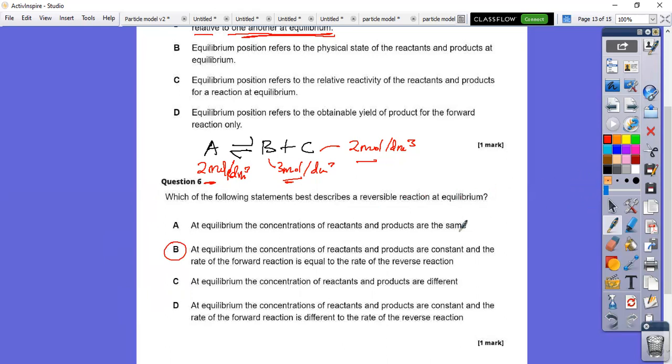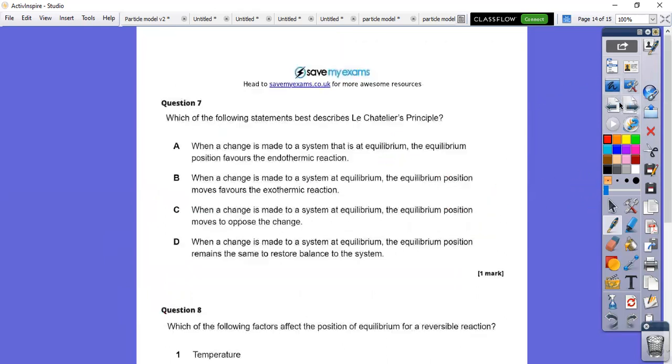Good. Would it be C? It would indeed be C. Good.